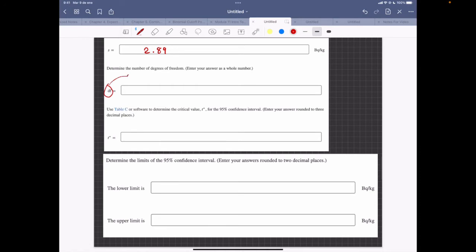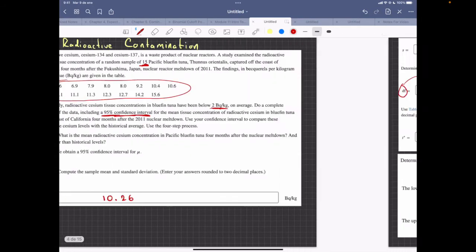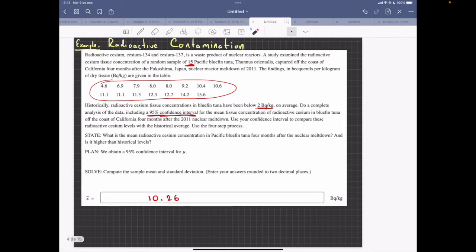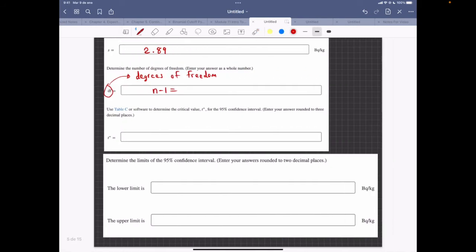This df means degrees of freedom, and it is always computed by using n minus 1. In this case, n is equal to 15, so it's going to be 15 minus 1, that is 14.